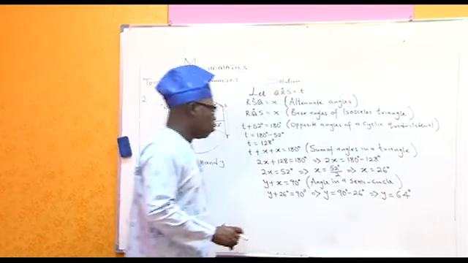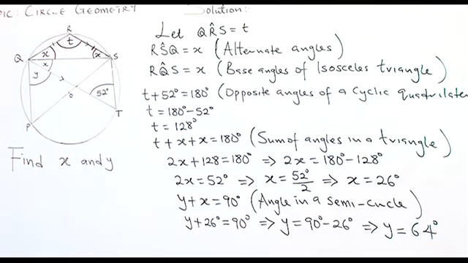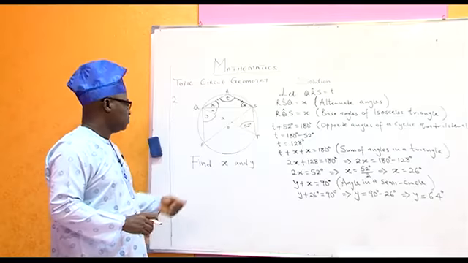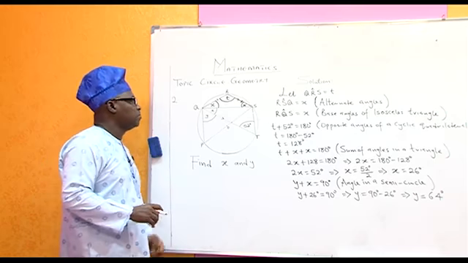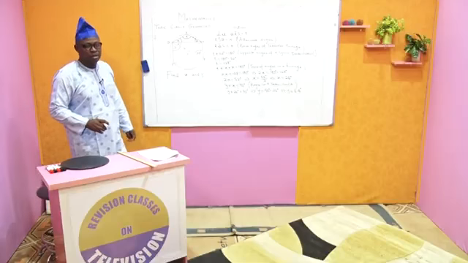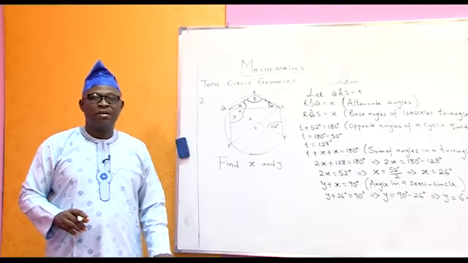So we have Y to be 64 degrees. Now in this case, we have been able to answer this question by finding the values of X and Y. Take note of the solution and put the notes in your writing materials.